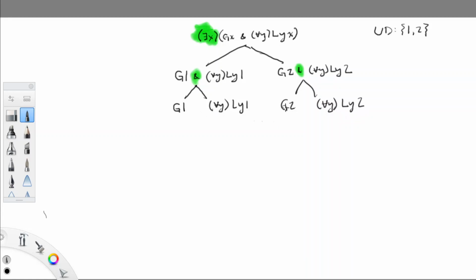Our G1 and G2 are logically simple, and what that means is that we will not be drawing any branches under them. But our right-hand branches are both universal generalizations. I'll highlight that quantifier.